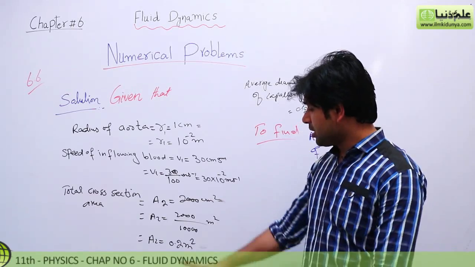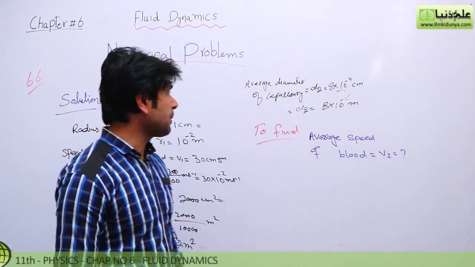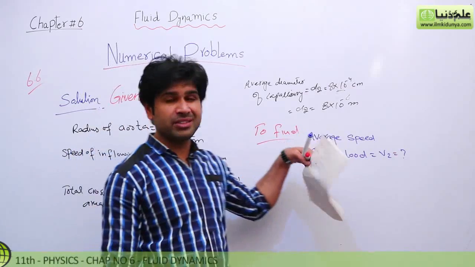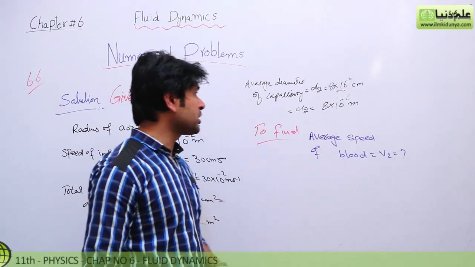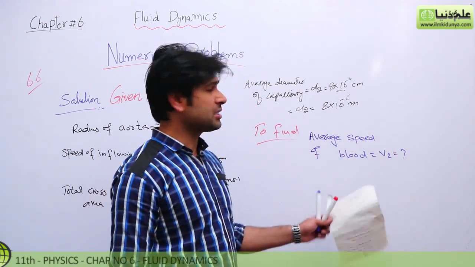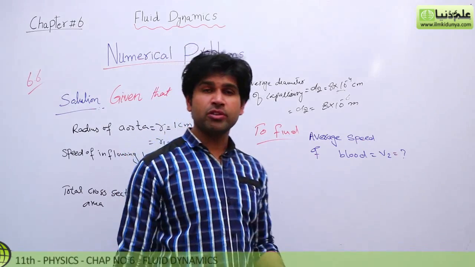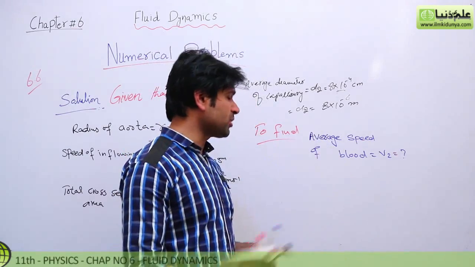Then we will have 0.2 meter square, and the average diameter of the capillaries, which can be written as D2 = 8 × 10 to the power minus 4 centimeters, converting this into meter, we will have 8 × 10 to the power minus 6 meter. What will we have to find out? We will have to find out the average speed of the blood.